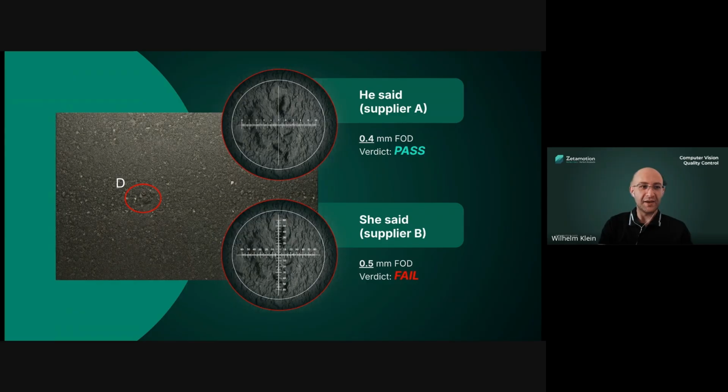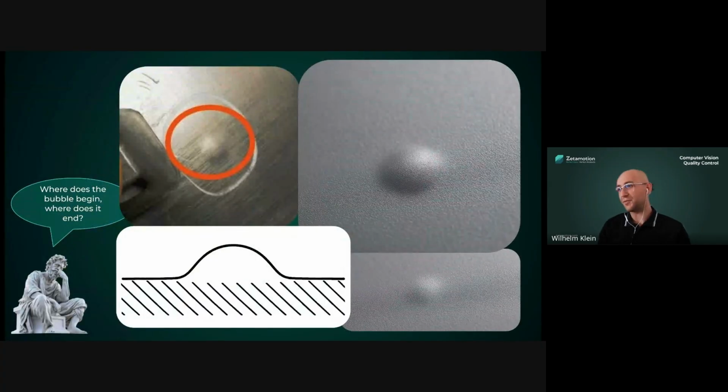And then you get this problem of one saying this and the other saying that. And some of these questions can be quite philosophical as well. So one example that we spend quite some time with is the bubble, and the question of where does the bubble begin and where does it end?